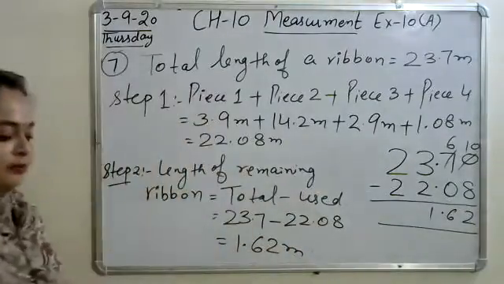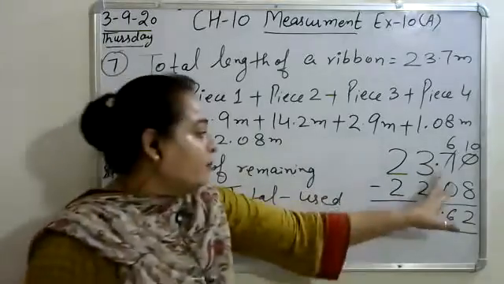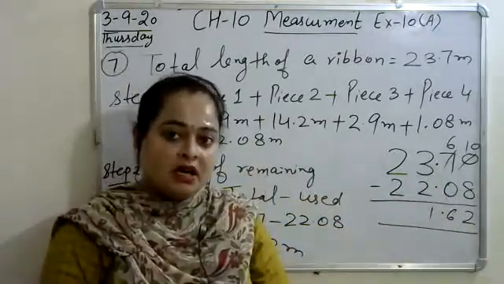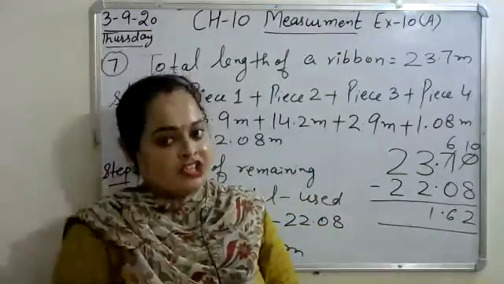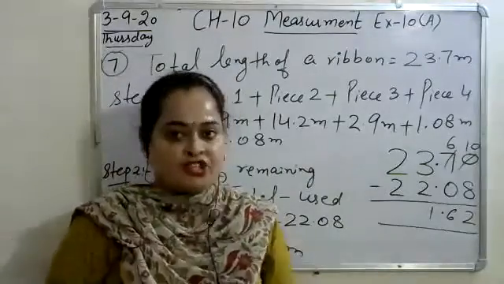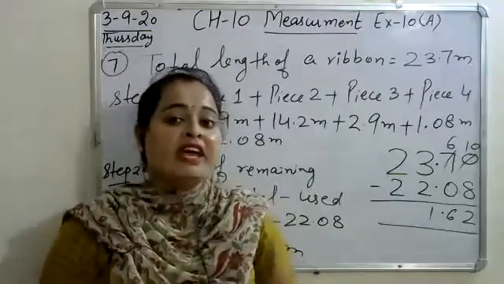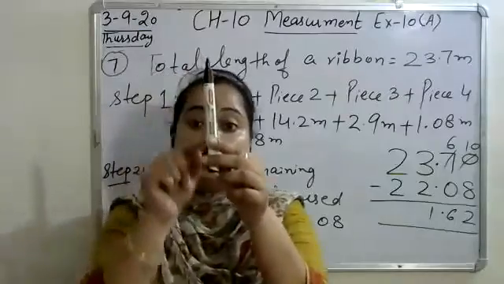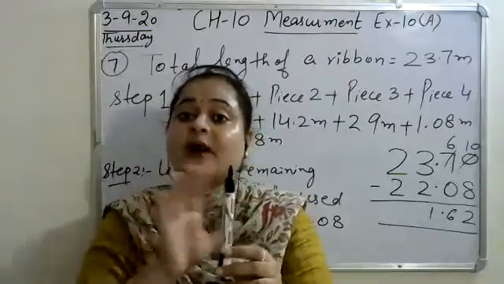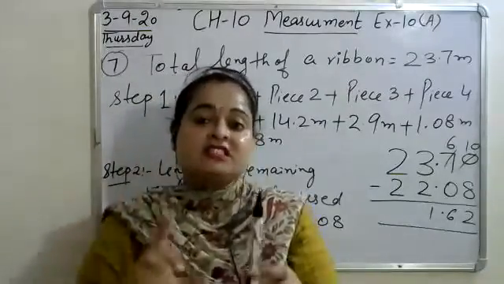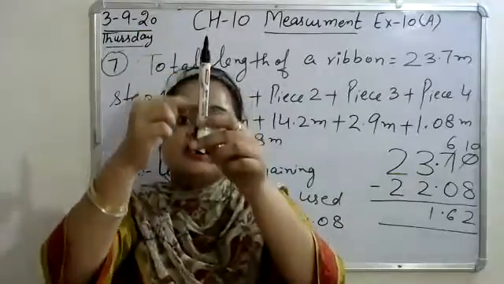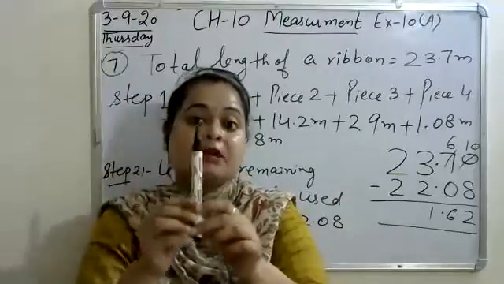So note down, this is very, very important, beta. In decimals, either in addition or in subtraction, decimal always stays in a single row. You will not change the position of the decimal.